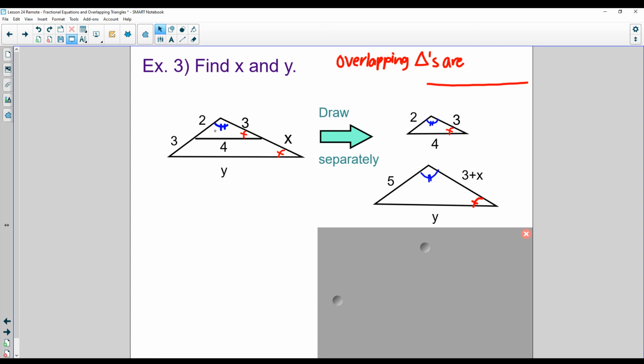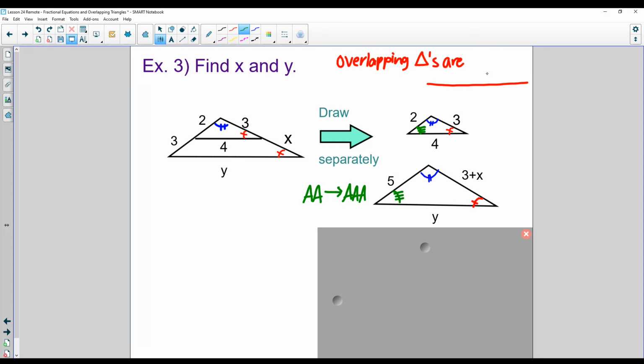They overlap. And then once I see this, I remember a lesson a couple days ago that said that if two angles are congruent, then what is true about the third angle? That means the third angle is also congruent, which means, let's mark that, we have 3 congruent angles.